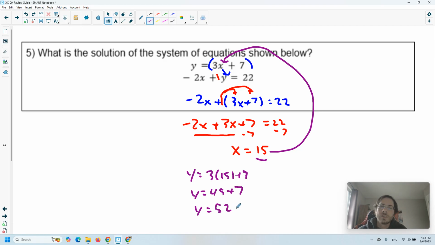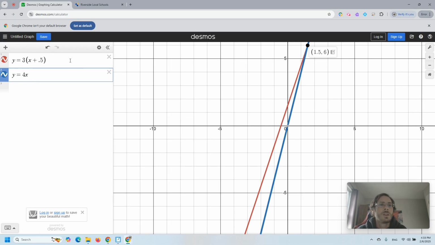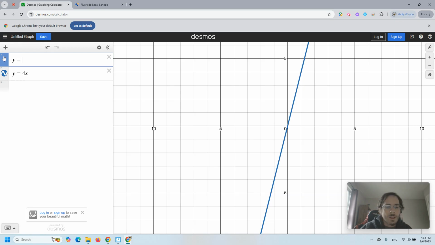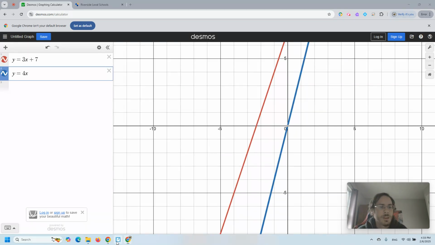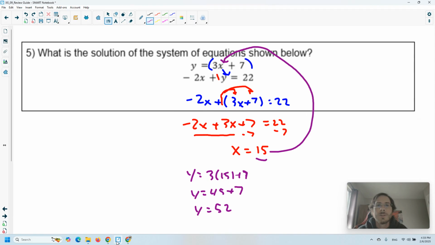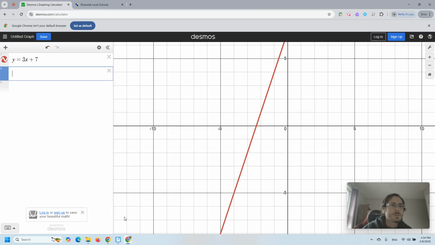Again, I'm a little suspicious that those are some pretty big numbers, so I'm going to use my graph to double check. And it's totally fine to double check it. So we get y equals 3x plus 7. And for the one, negative 2x plus y is 22. Now again, we can see these two lines.